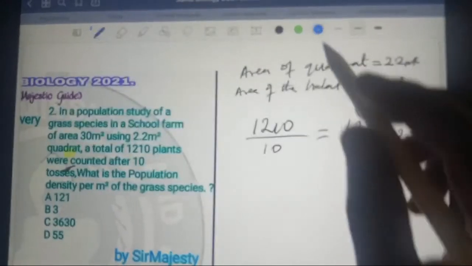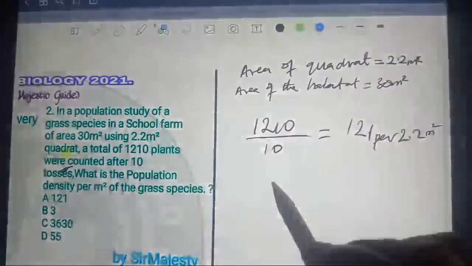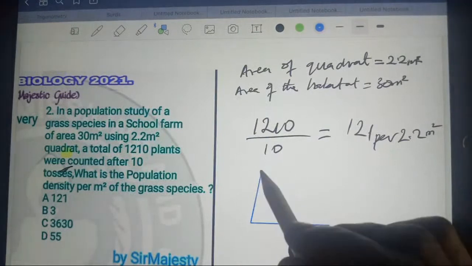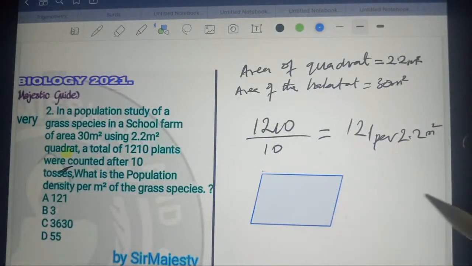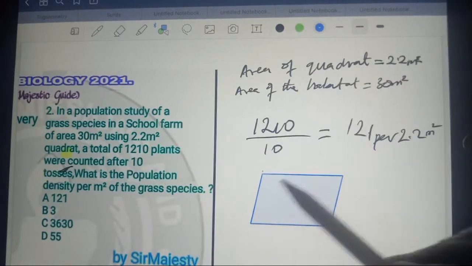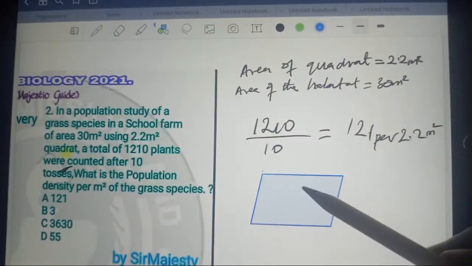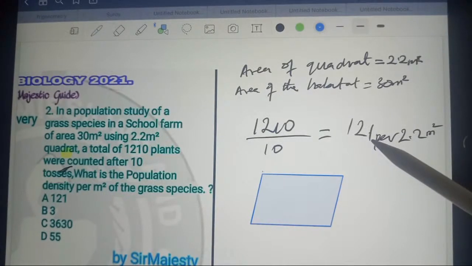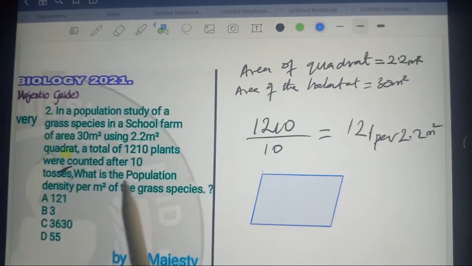Remember that a quadrat is just a square of a known dimension. This can serve as a quadrat. According to the question, the area is 2.2 meters square. It means that 121 plants are found inside 2.2 meters square.